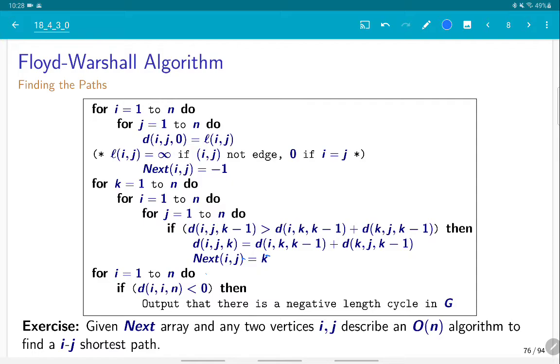And now we have all the information we need, right? Because once we compute the table, whenever we want to compute the path between i and j, the table would tell us, oh, you used the kth vertex as a middle vertex, so we will recursively compute the path from i to k. Again, i to k would tell us which middle vertex to take and so on. And then from k to j, the same thing, right?